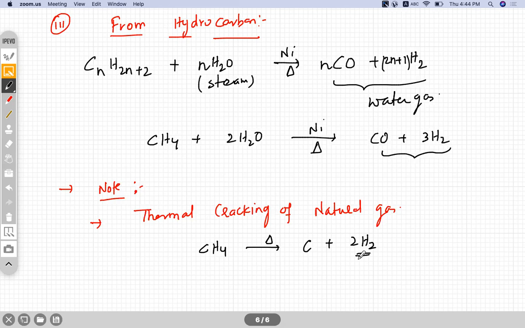Thermal cracking is nothing special. You just take a hydrocarbon and heat it. So simply on heating, the hydrocarbon converts into its atomic form, that is carbon and hydrogen, like this.